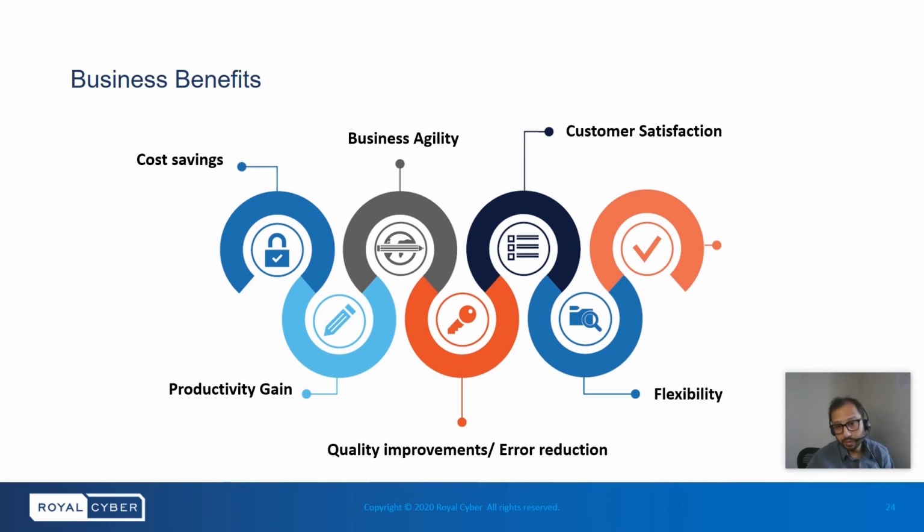Expected spike in volume in the near future. It's something like in the season of Black Friday, if you want to have more work done, you can easily add more bots on cloud and have this done flexibly and scale up and scale down your operations.